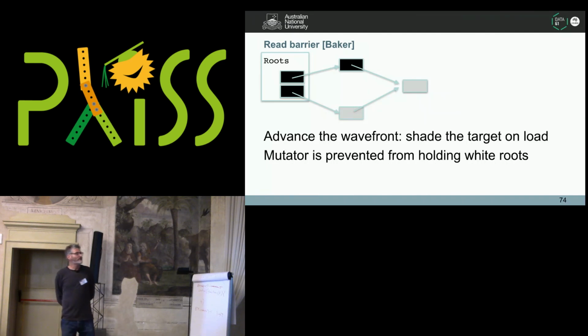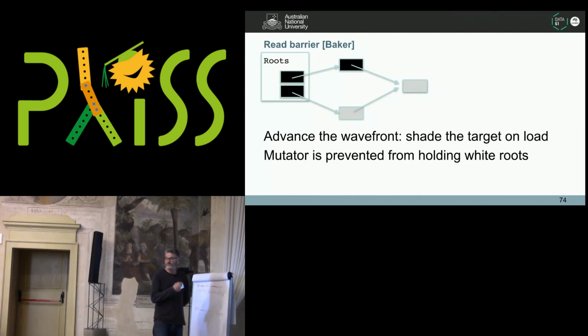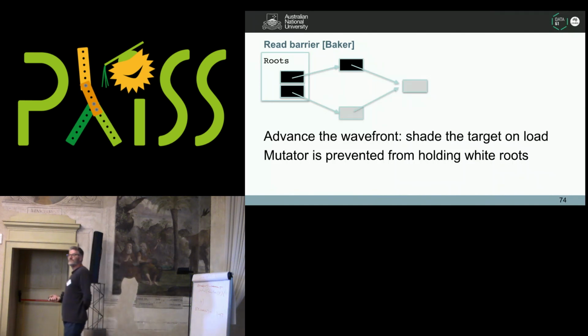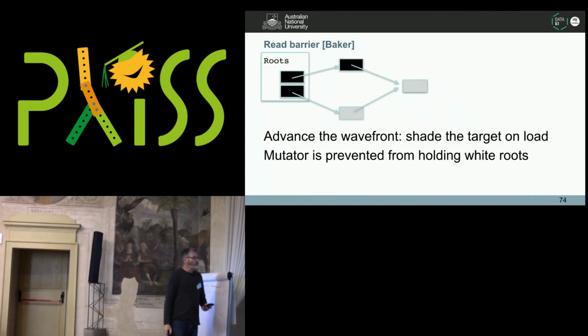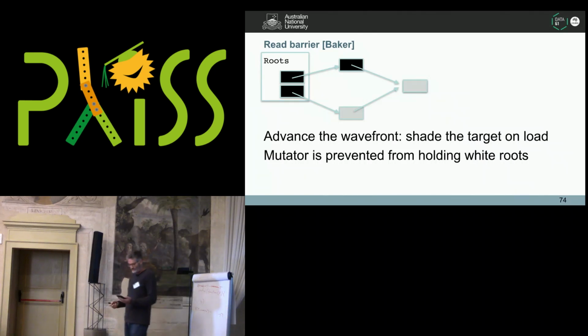Right? That's not to say that this isn't used. This technique is commonly used, but it does have this performance downside. That means that every time you read a reference from the heap, you have to make sure that the thing that is pointed to is not white. And if it is white, you make it gray. Okay, so we shade the target on load of the white reference. The mutator never holds white roots, and so it can never store a white pointer because it's never allowed to see one.